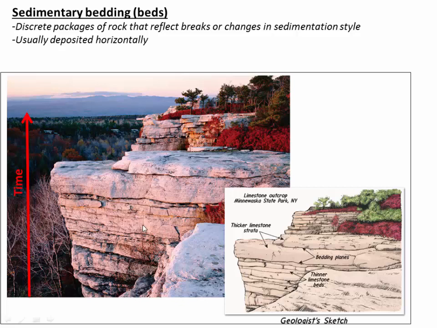Now, sedimentary beds make great markers because they're almost always deposited horizontally, at least in the ocean, and they can be continuous laterally. So they can be a great way to know which way was up and see if any tilting has occurred. So those are sedimentary beds.